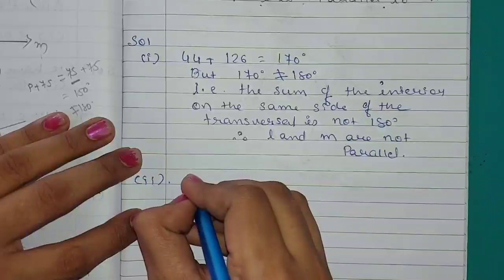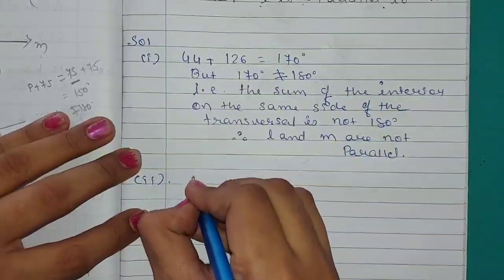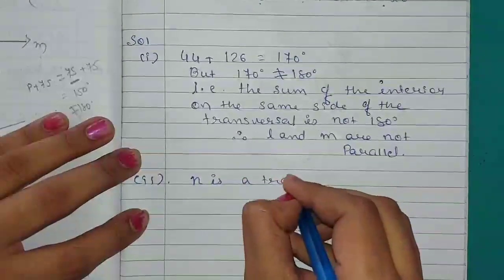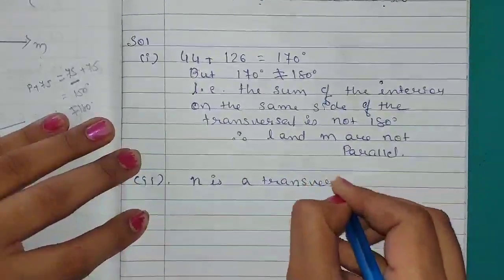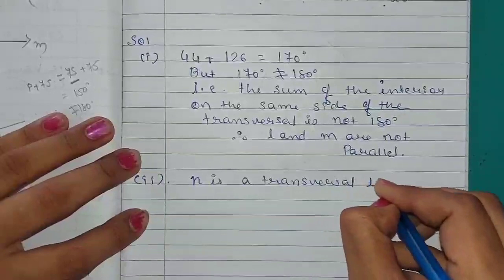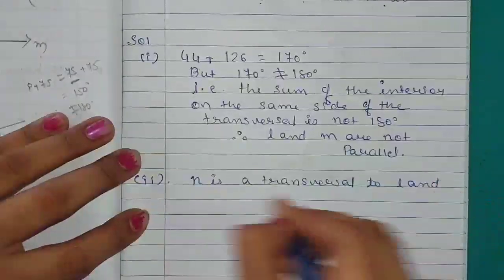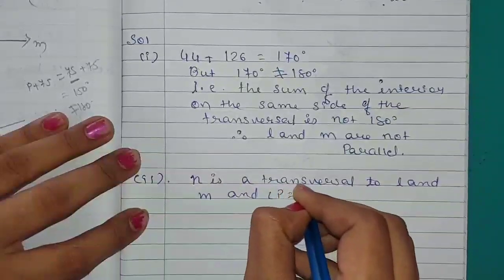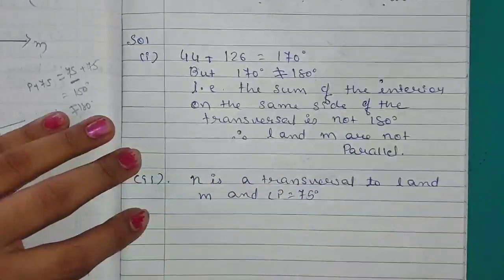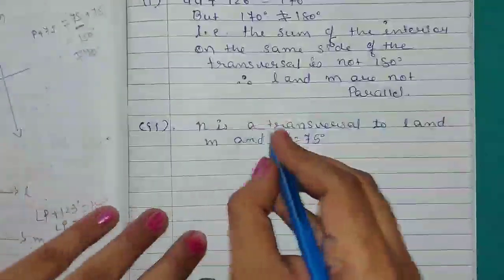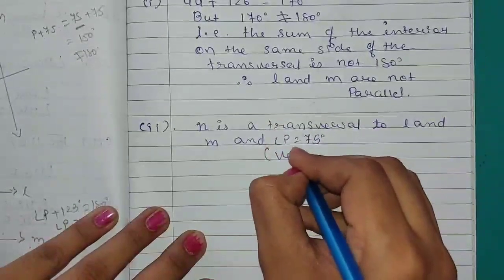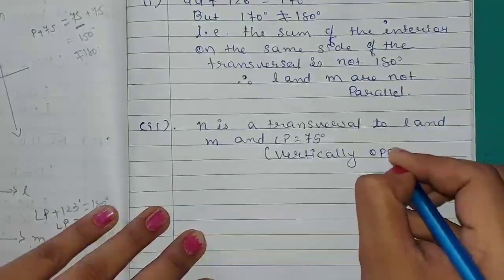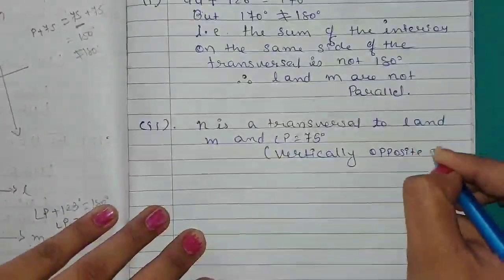In number 2, here N is a transversal to L and M, and angle P equals 75 degrees. Now, why is it 75 degrees? Because of vertically opposite angles. It follows the vertically opposite angles property.